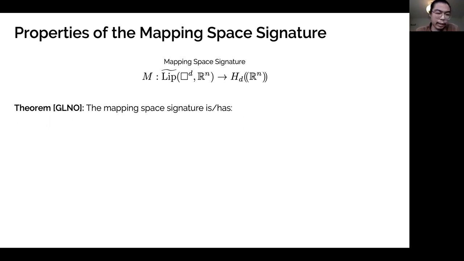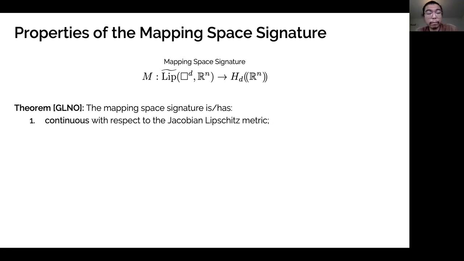And so this is part of the joint work with Chad Giusti at University of Delaware, Vidit Nanda at Oxford, and Harald Oberhauser also at Oxford. We find that the mapping space signature has many of the properties that ordinary monomials and the path space monomials have.